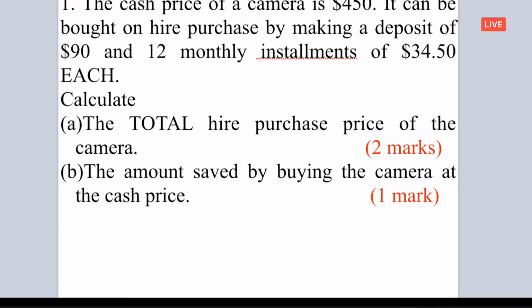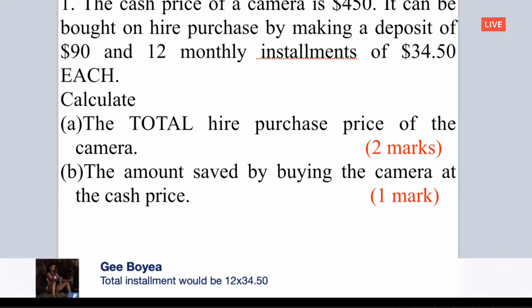Let us see who can get that answer. Take your time. 12 times 34.50. What is our answer?